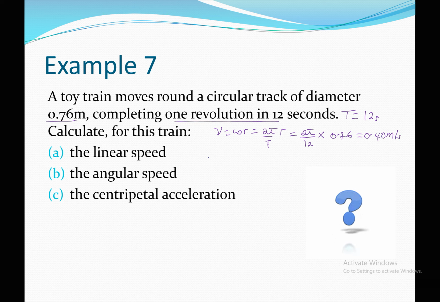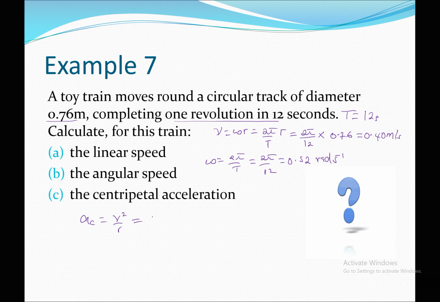Then the angular speed. The angular speed is omega. Of course, we know that omega is equal to 2 pi over period. So this is 2 pi divided by 12, which is 0.52 radians per second. Then the centripetal acceleration. The centripetal acceleration a_c is either v squared over r or omega squared times r.